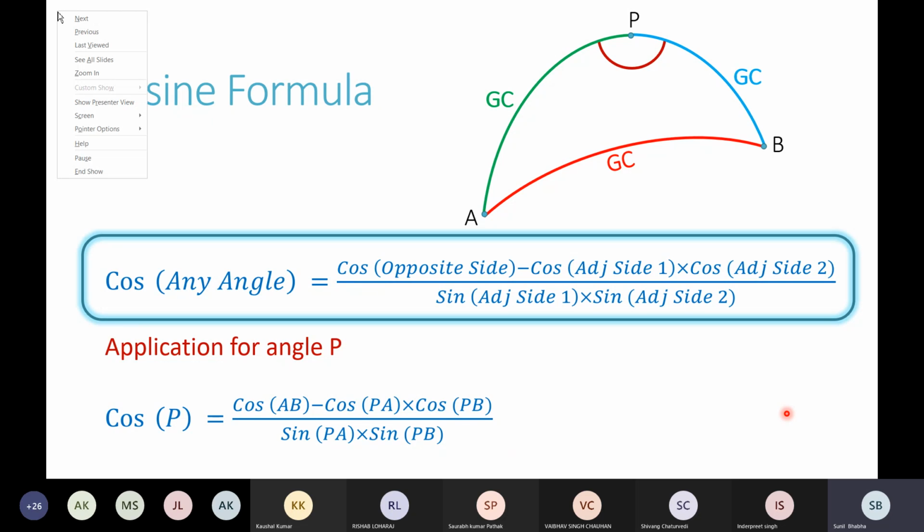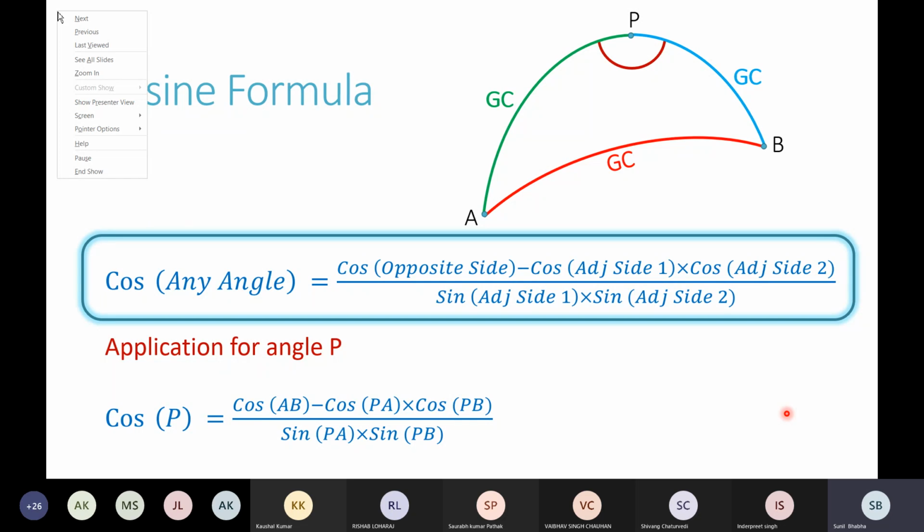Okay, beta, now I would like all of you to write down this formula. Please note it down in your notebooks. You can note down the application for angle P also if you want. So this is a very important formula and we will be using it time and again. So you have to memorize it after writing it down.